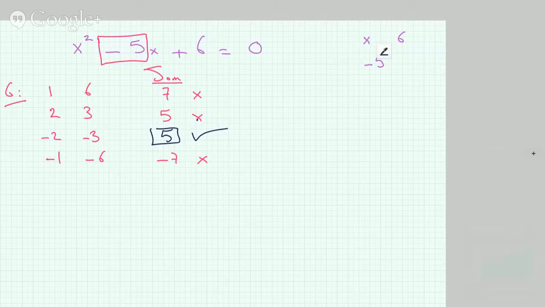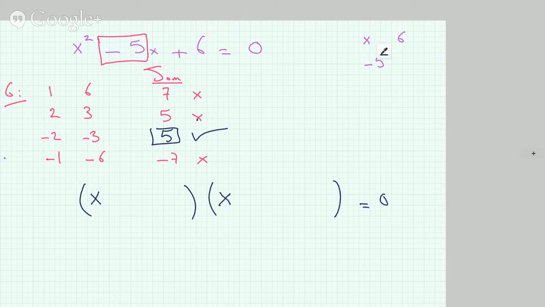So we know that those two numbers have to be negative 2 and negative 3. Then we lay them out in two brackets like this, and we set this equal to 0. On the left side of each factor, there has to be an x and an x, because there's only one way to get x squared, and that is x times x.